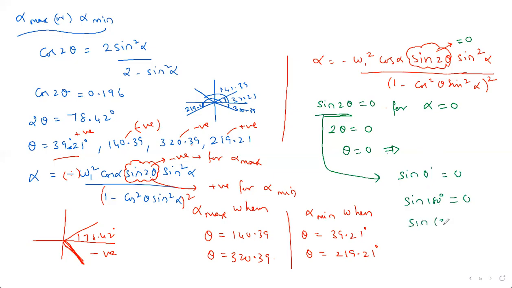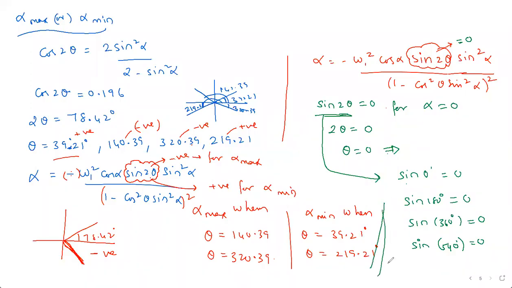Yes, sine 360 degrees also equals 0. Sine 360 plus 180, what is it? 360 plus 180 is 540 degrees? Yes, please check it.